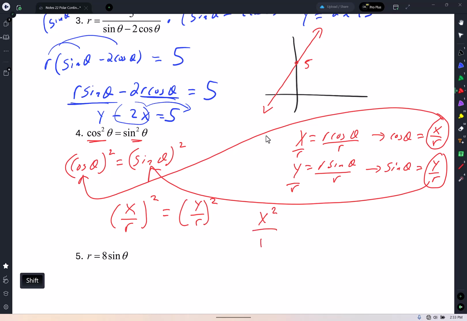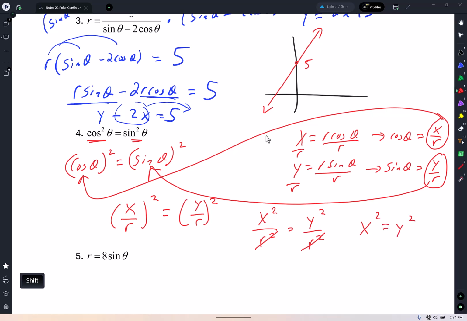X squared over r squared equals y squared over r squared. Would you guys be okay if I just cancel out the r squares, or do you guys not like that? Okay. Bam, bam. Here's my equation. X squared equals y squared.